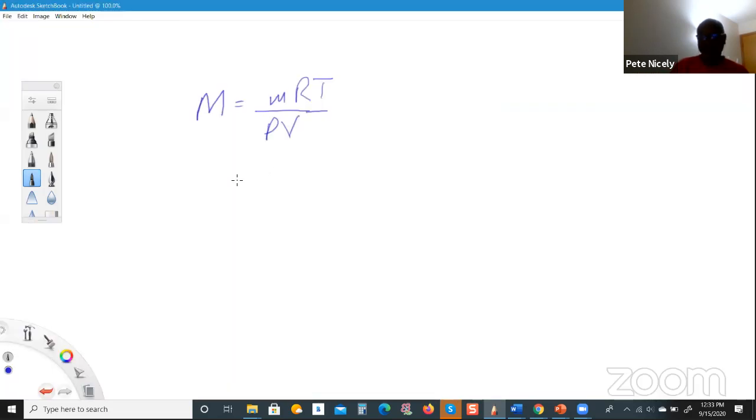So this is going to be equal to 0.523 grams multiplied by R, which is 0.0821 liters atmospheres over mole Kelvin, times the temperature, which is 100 degrees Celsius, which you have to convert to Kelvin, which becomes 373 Kelvin.